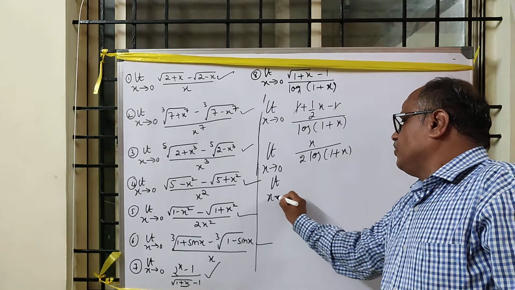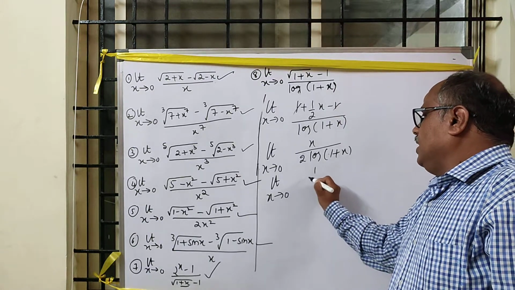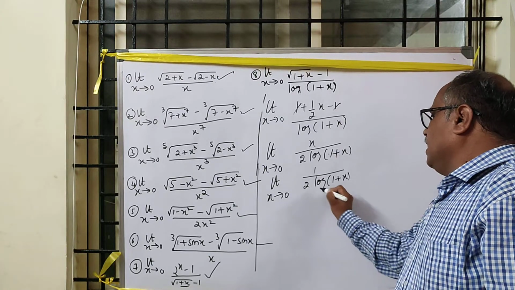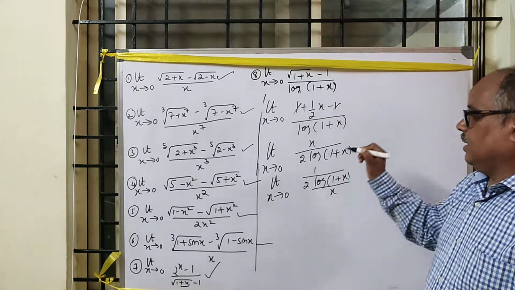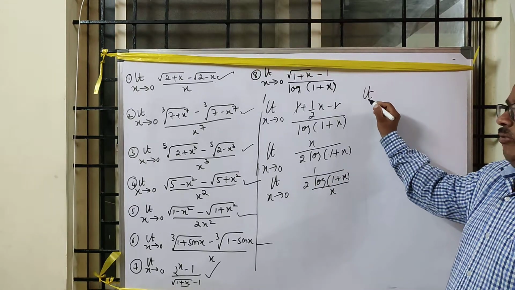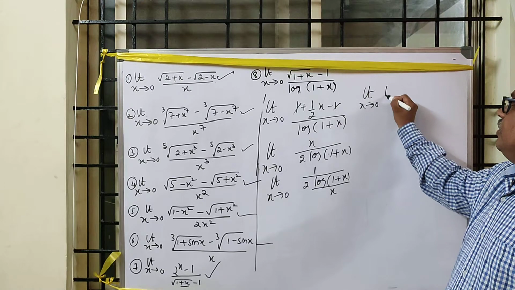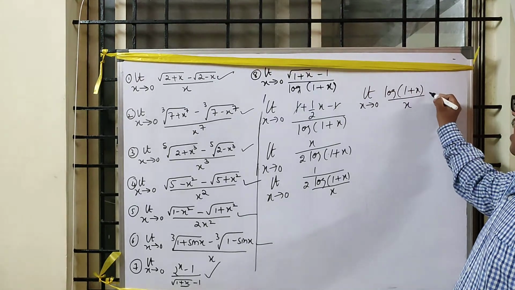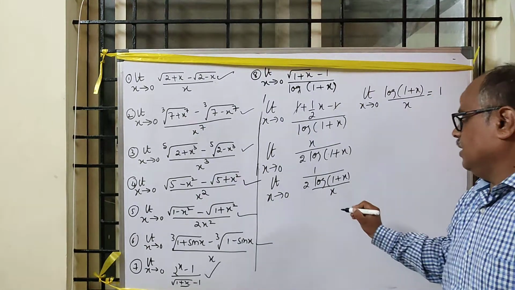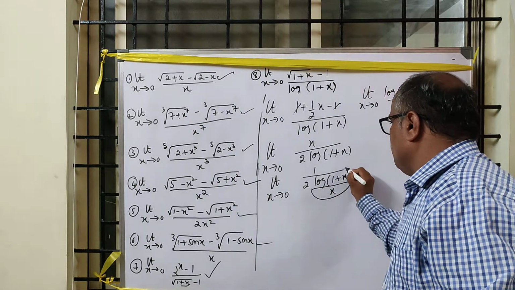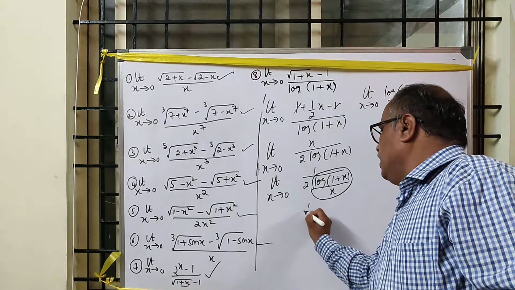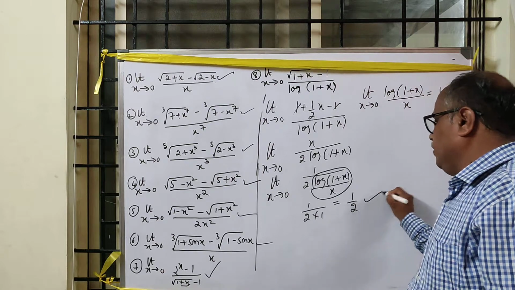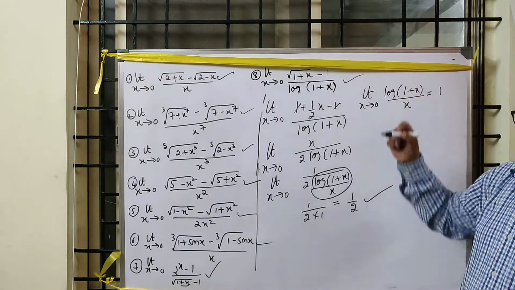Limit x tends to 0, 1 divided by 2 log of 1 plus x divided by x. We know well, limit x tends to 0, log of 1 plus x by x equals 1. So this value is equal to 1. 1 divided by 2 into 1 is equal to 1 by 2, the answer for the 8th question.